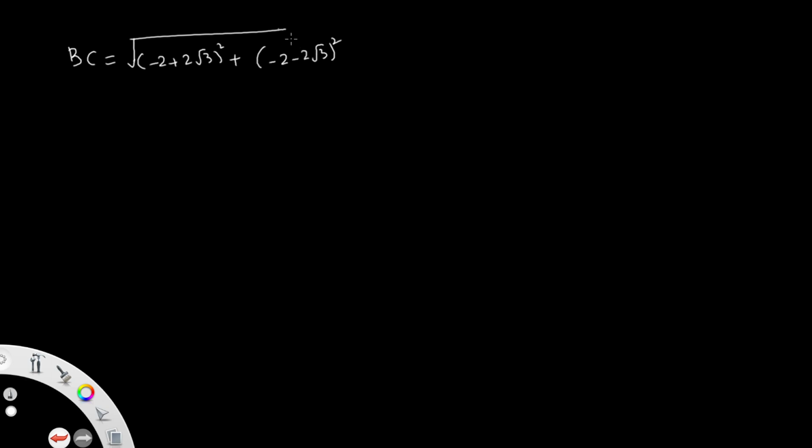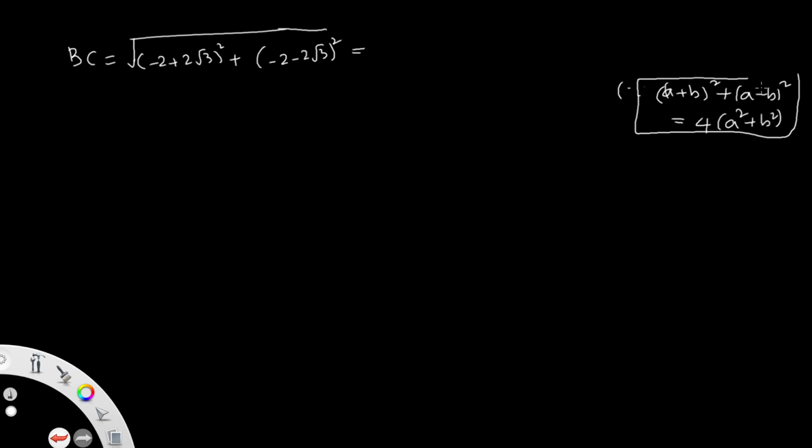It is in the form of a plus b whole square plus a minus b whole square, which is 4 into a square plus b square.